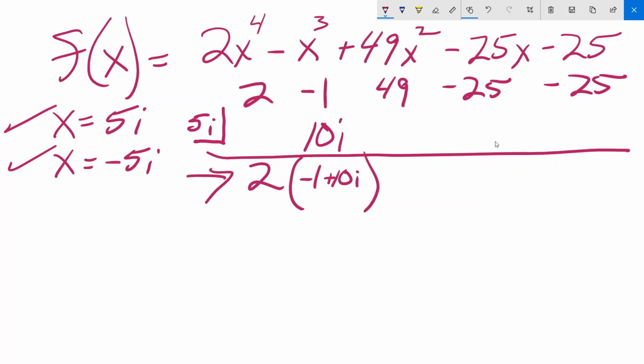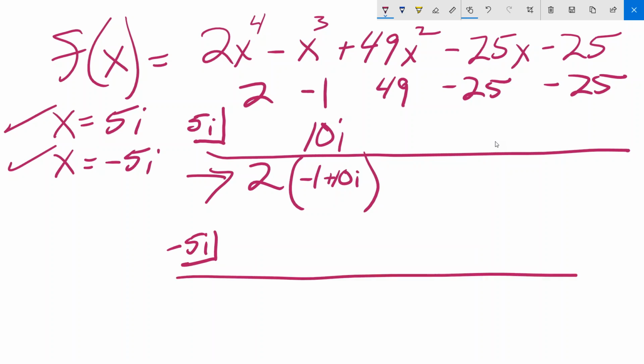After going through all of the arithmetic, you'll get an answer that has imaginary coefficients for your cubic. They don't even ask about that. Do the process again using minus 5i, and you will end up with a quadratic.